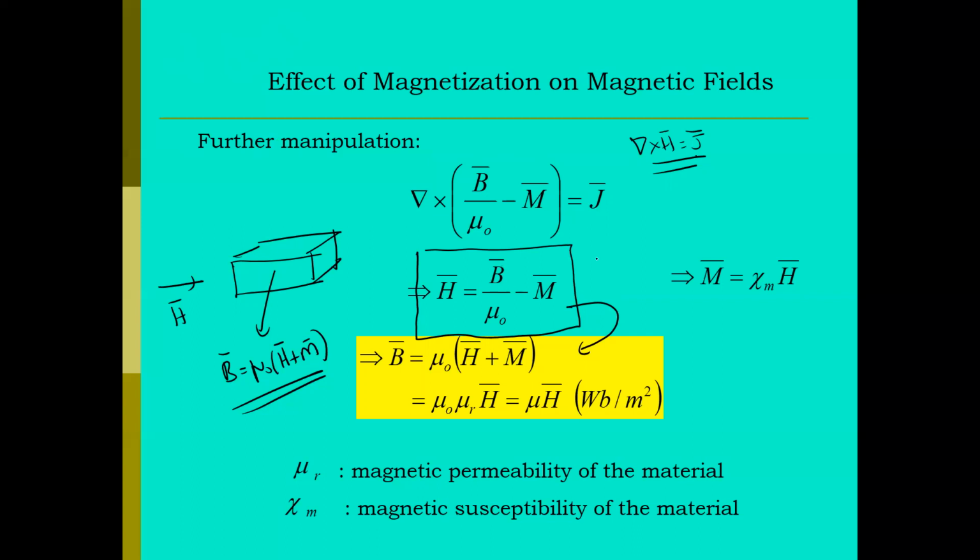The relationship between M and H is given by this equation, whereby M equals kappa M of H, where kappa M is known as the magnetic susceptibility of the material.